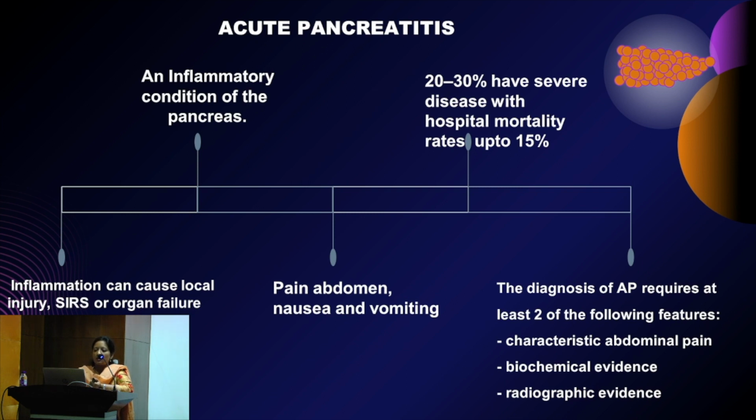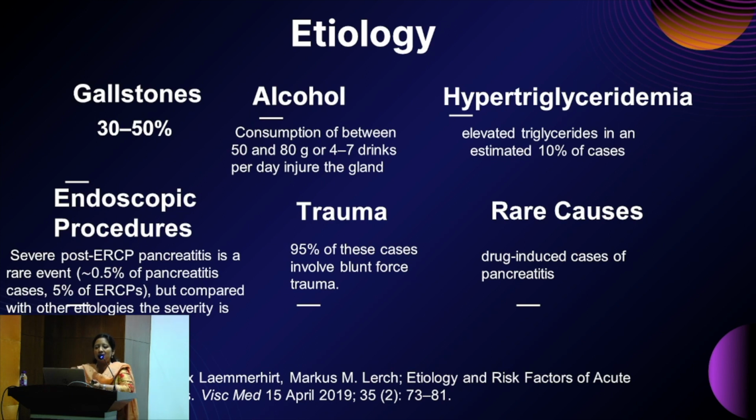Once we are moving towards pancreatitis, let us understand the etiologies. The most common etiologies worldwide are gallstones and alcohol. Around 30 to 50% of the time it is gallstones. Alcohol is also significant, especially in our country, and other causes could be hypertriglyceridemia, sometimes post-ERCP.